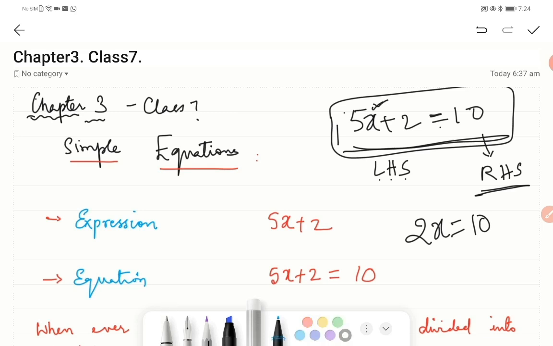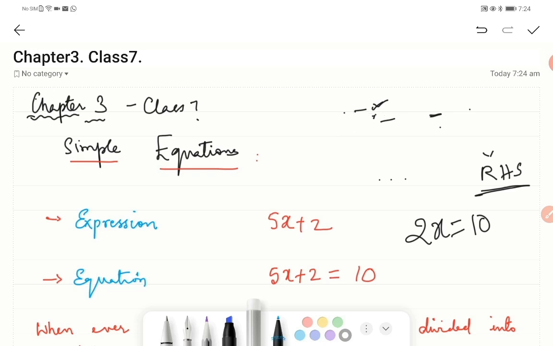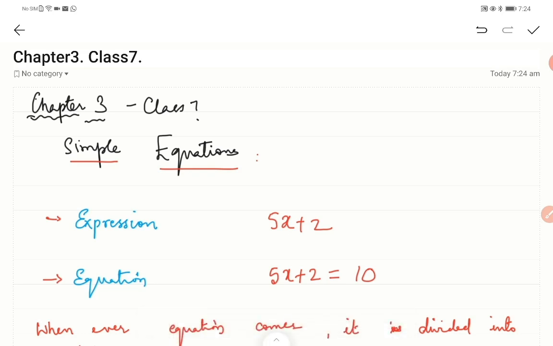Okay, so if you have equal to, that is an equation, you have two parts, that is LHS side and RHS side. Okay, so the equal to sign on this side becomes LHS, that is left hand side, and this becomes RHS. Okay, this is the basic way you divide an equation.